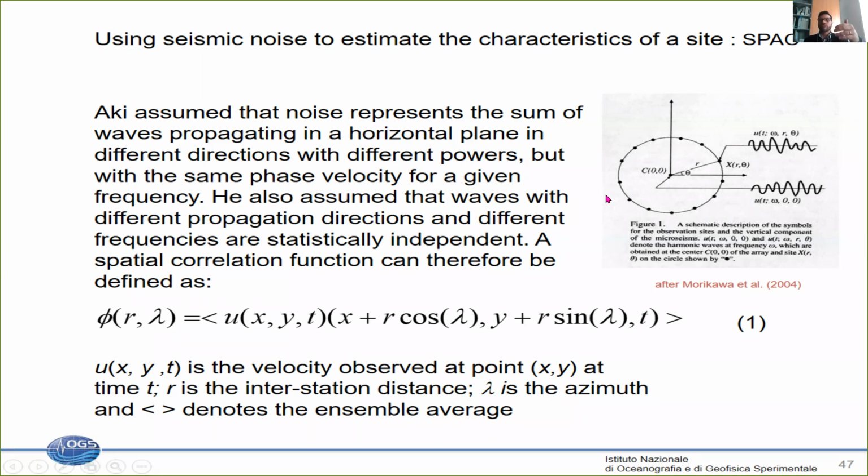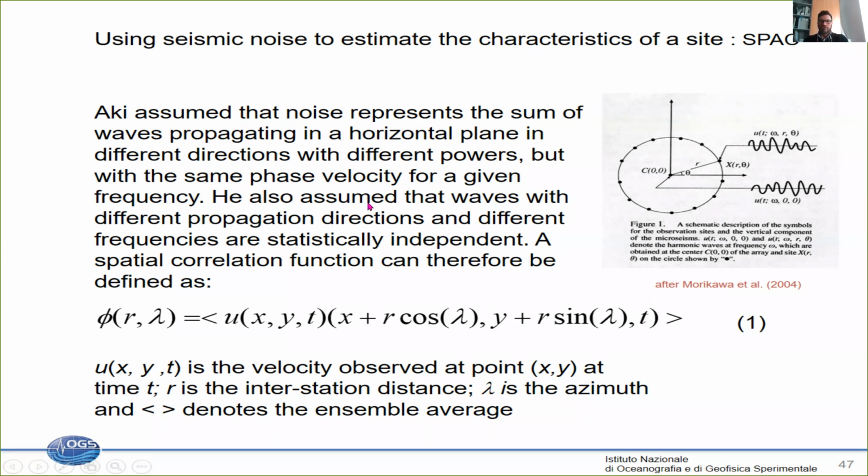So the assumption was that below an array, here we see a circular array for example, the waves being recorded were propagating with the same velocity, and the structure below the array can be simply considered as a 1D structure.